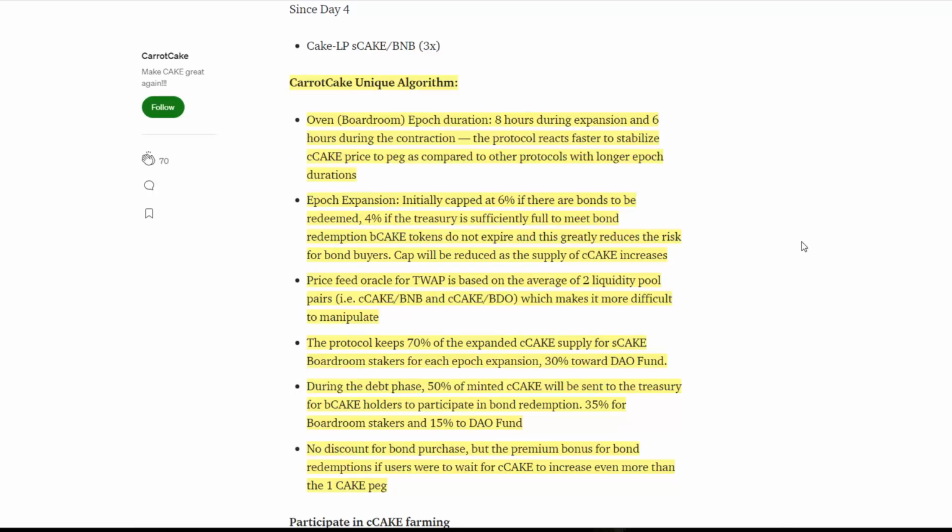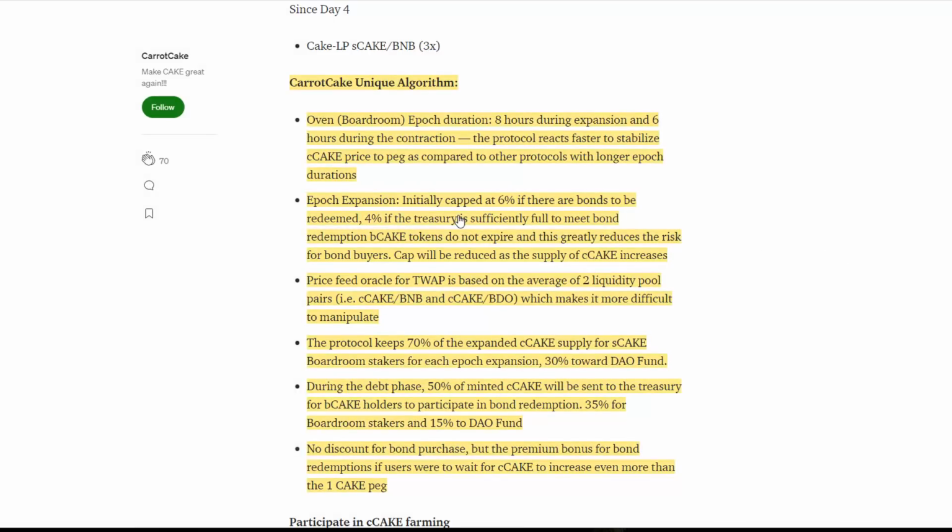Epoch expansion is initially capped at 6%. If there are bonds to be redeemed, 4%. If the treasury is sufficiently full to meet bond redemption, bCAKE tokens do not expire, and this greatly reduces the risk to bond buyers. Cap will be reduced as the supply of cake decreases.